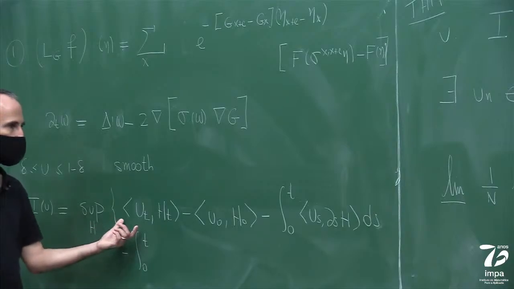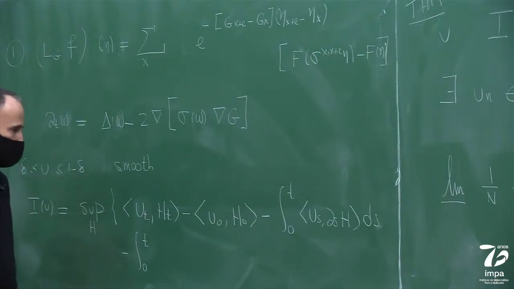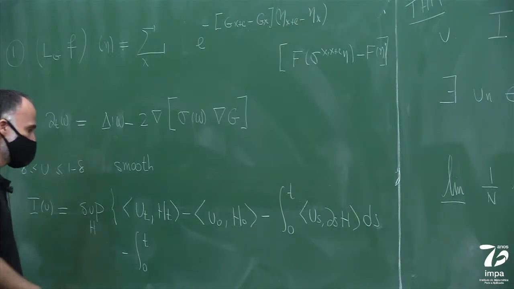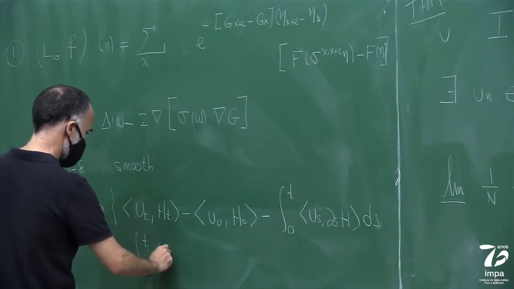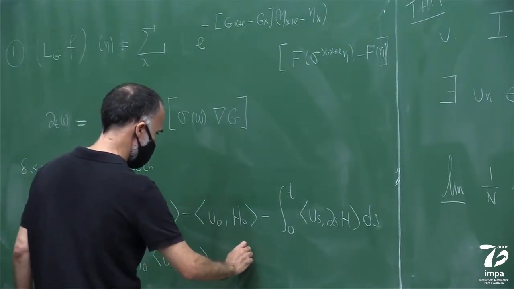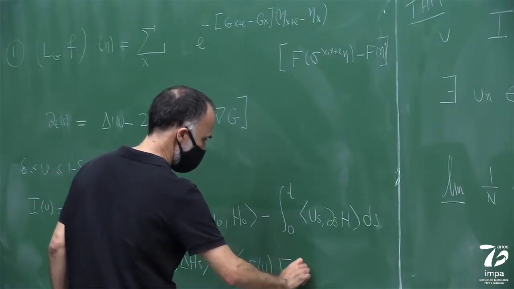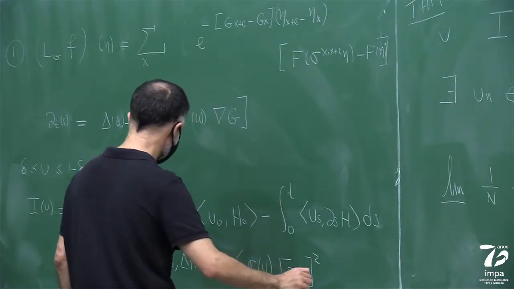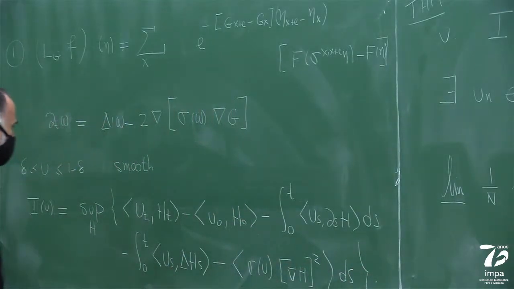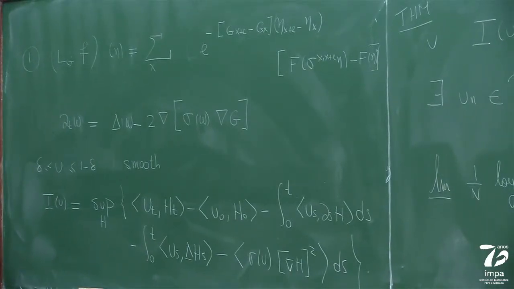So instead of writing the space integral, let me just write the brackets. So this represents the scalar product between u_t and h_t in L2. So this is the variational formula we obtained for the upper bound for I. Okay, this is the sup.